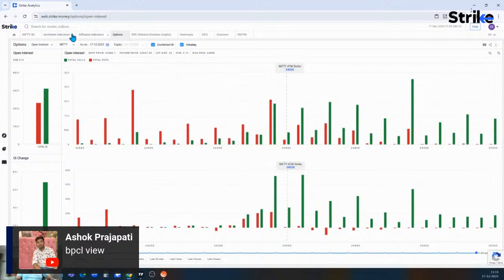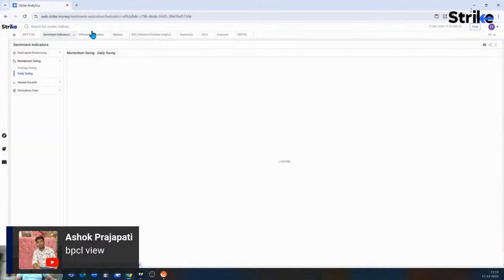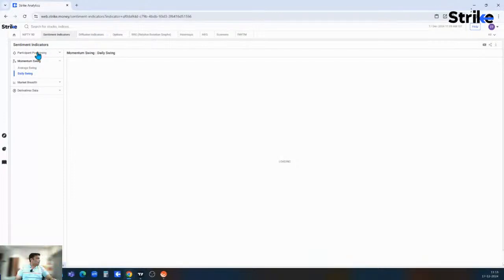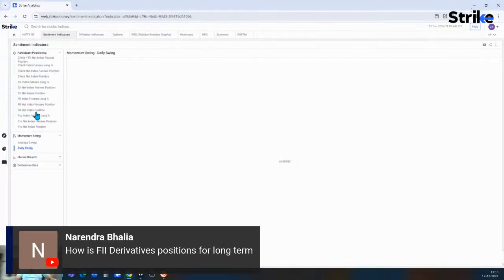Also let's look at the FII positions now. We look at the participant positioning over here, and we look at FII index futures long. All right, Narendra ji, let's see what we can see.